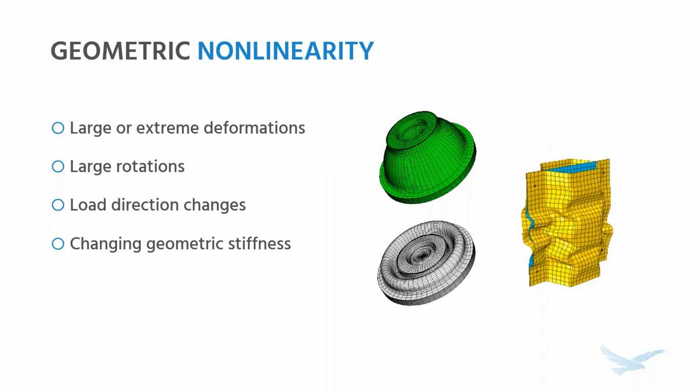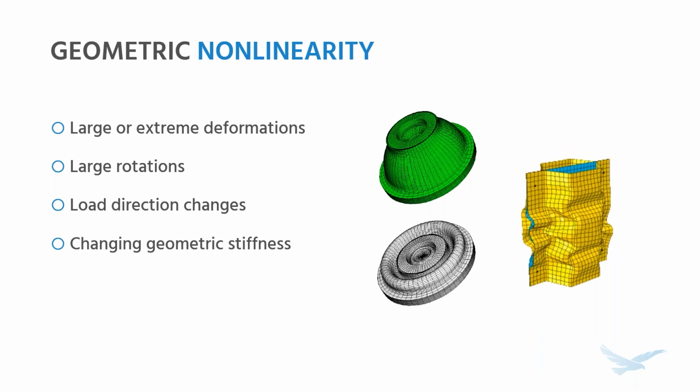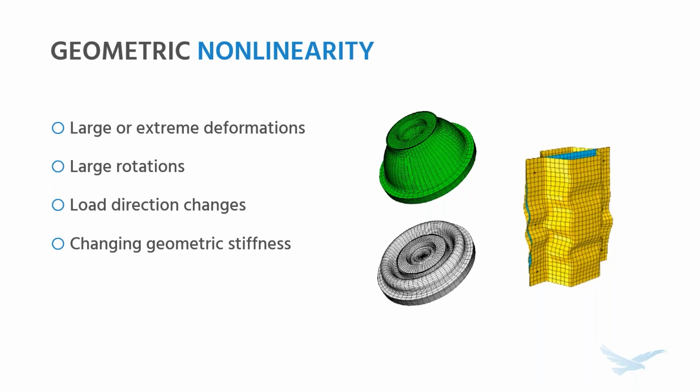Now, it's important to consider the material nonlinearity, the contact nonlinearity, and the geometric nonlinearity because all of these feed into the math that's being solved in our simulation. In a static analysis, the equation we're solving is force equals stiffness times displacement. And it's that stiffness matrix that this really all focuses on.